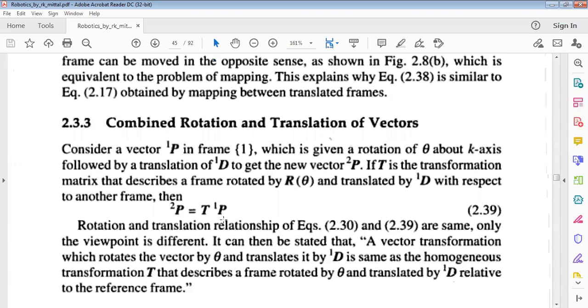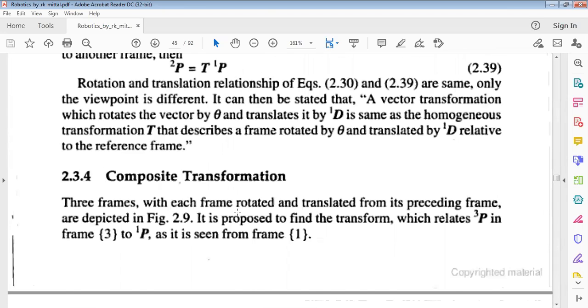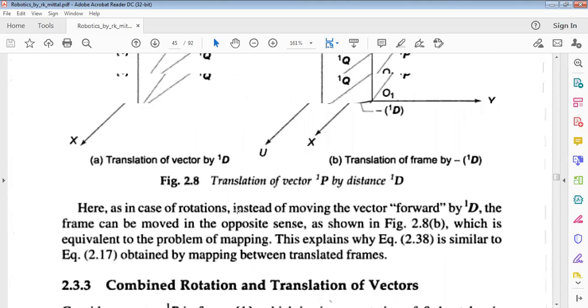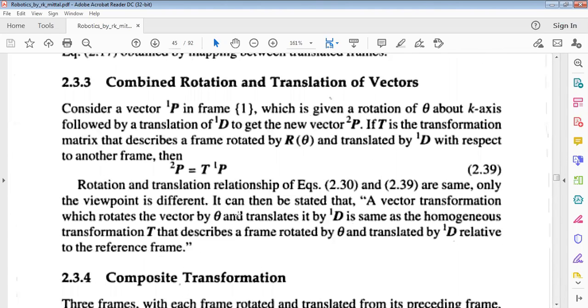This relation is similar to the transformation matrix of two frames. Okay, so these are the topics we discussed today. In the next class, we will discuss the composite transformation.